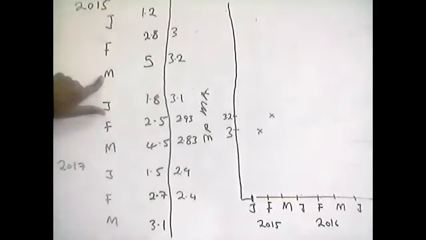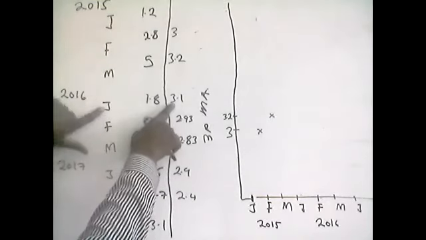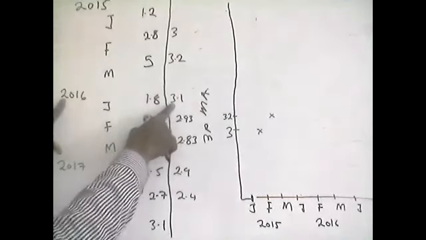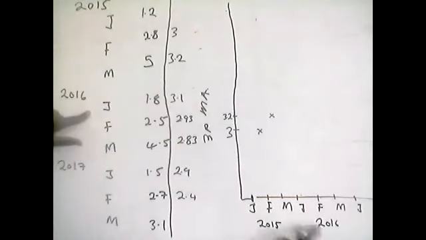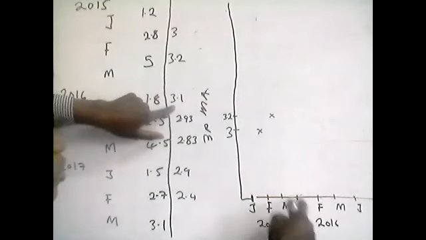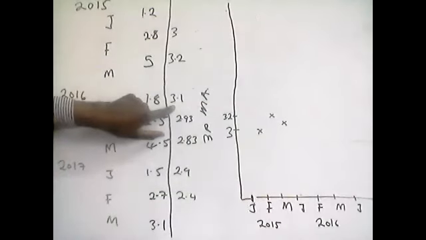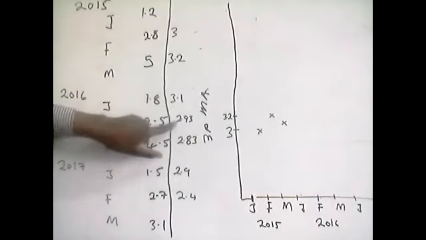You plot that. Then we move to the next moving average, 3.1, in January, which year? 2016. So January 2016 is here, and the value is 3.1, so it will be somewhere here in between. Then we move to the moving average 2.93.